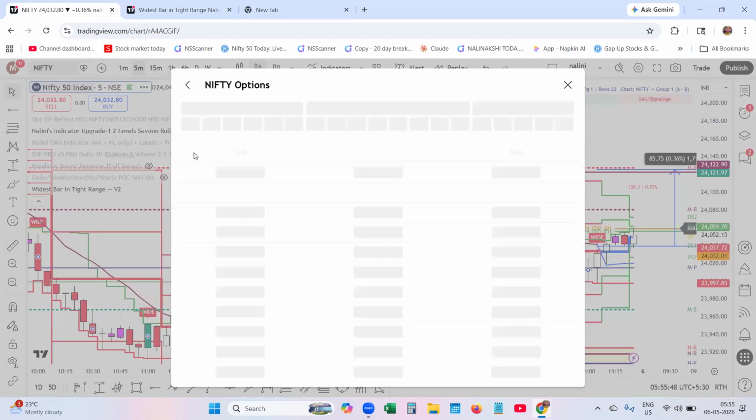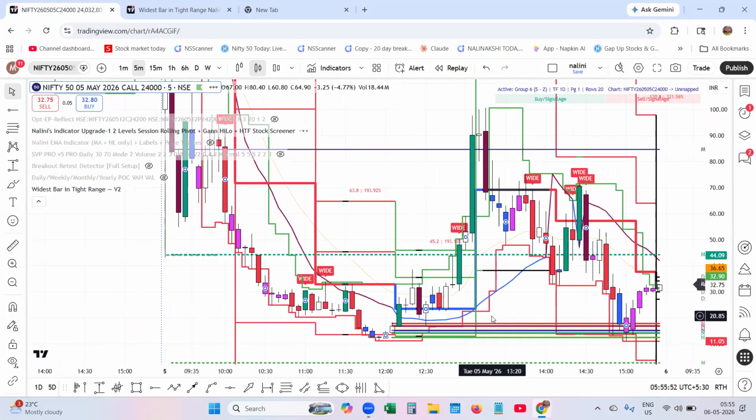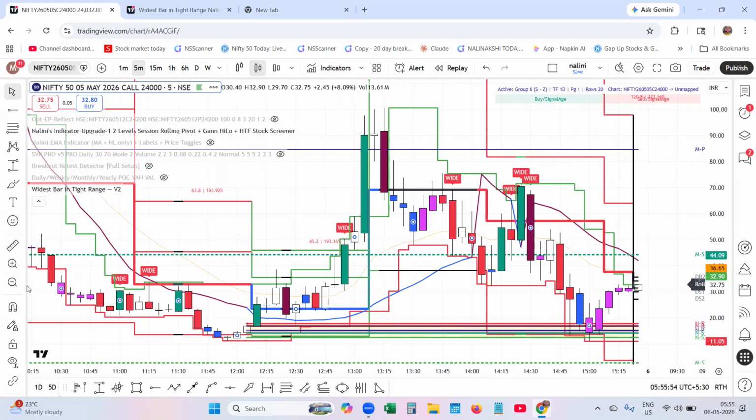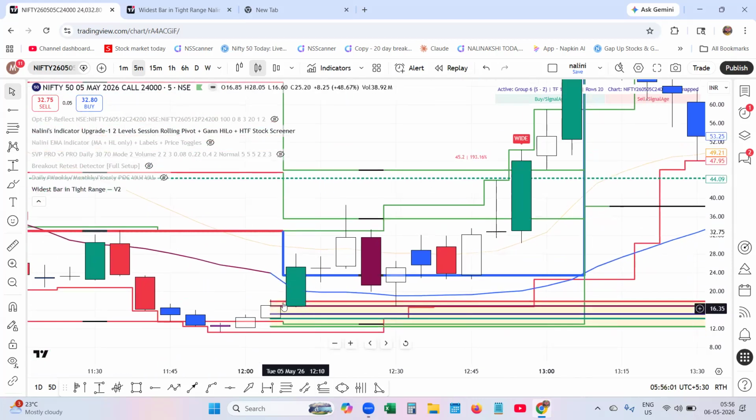Yes, it is available. You can see over here, it came down here, and the Nalini Precision Engine made everyone buy at a very low cost, 18 rupees.